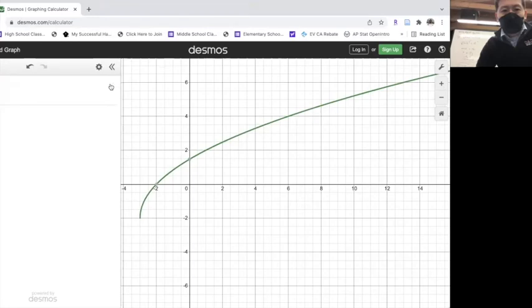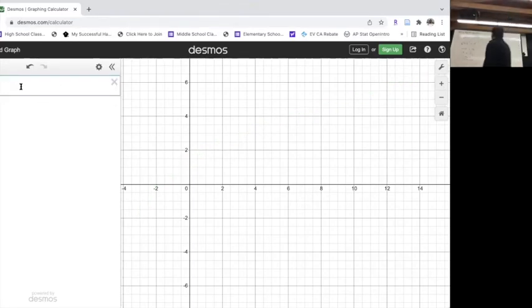In actuality, conceptually and graphically, we're saying there's an f of x equal to square root of x plus 5 minus 1, and there's a g of x equal to 3. There's two functions over there, and we're setting them equal to each other.